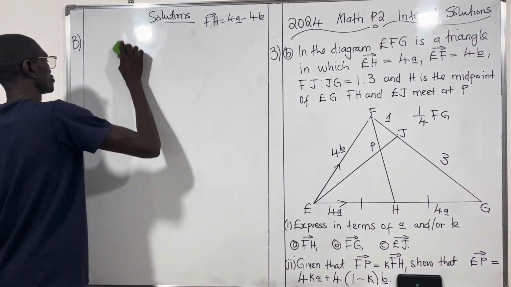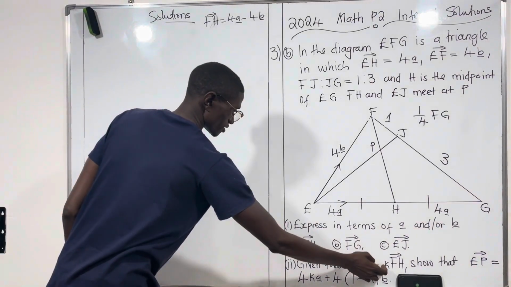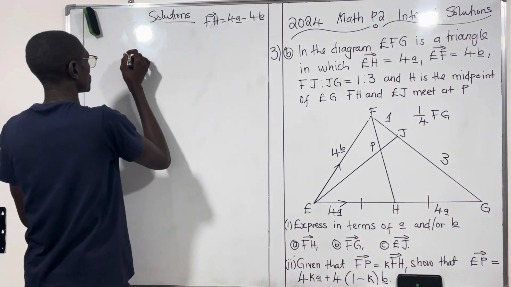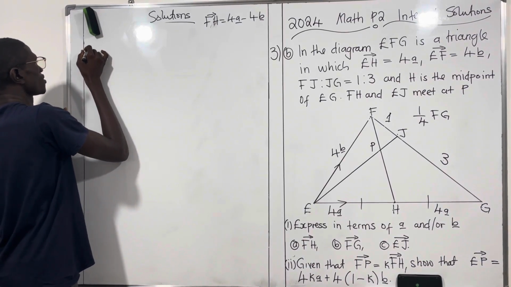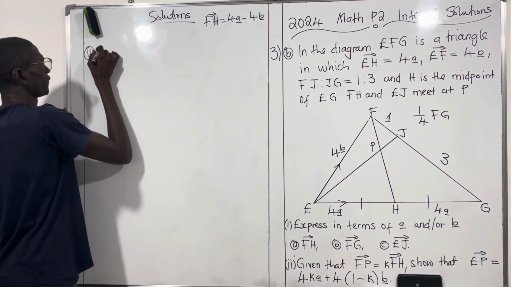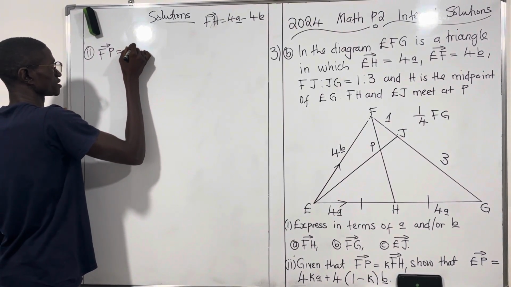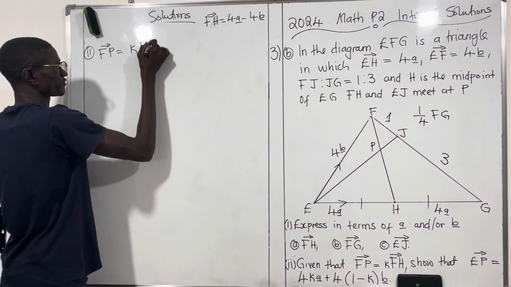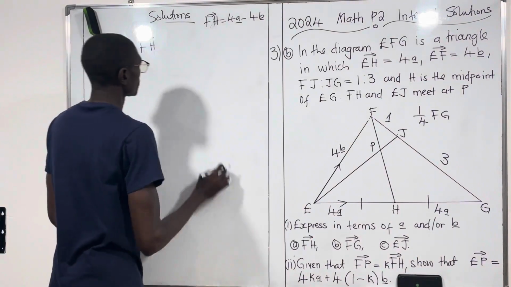The first thing we're going to do is find this vector here. So we say FP, this is Roman numeral 2, vector FP. You've told us it is K vector FH.